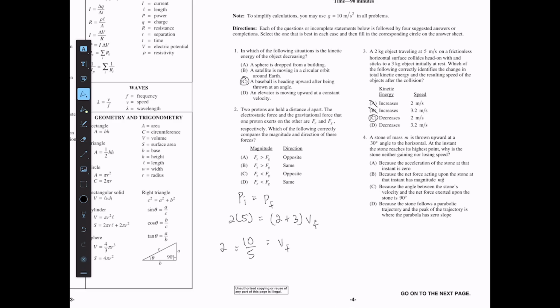And then, because the stone follows a parabolic trajectory and the peak is where the parabola has 0 slope, that doesn't really explain why the stone is neither gaining nor losing speed, because that just shows the velocity at that point is 0. So C is the best explanation.